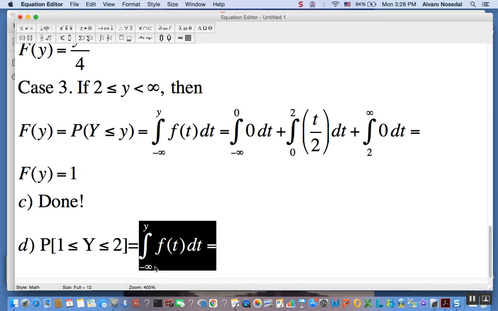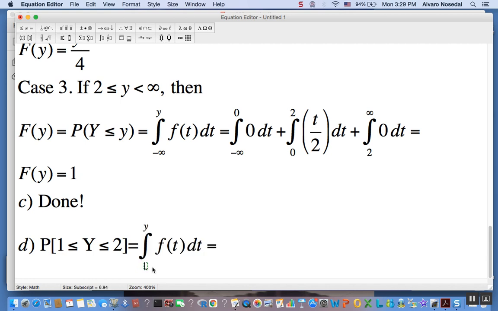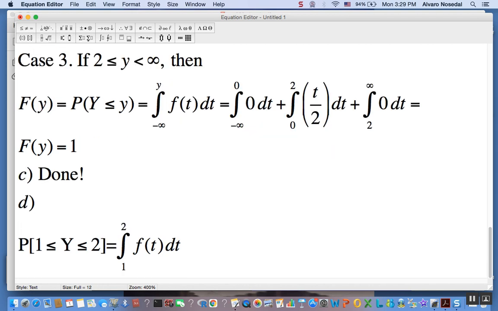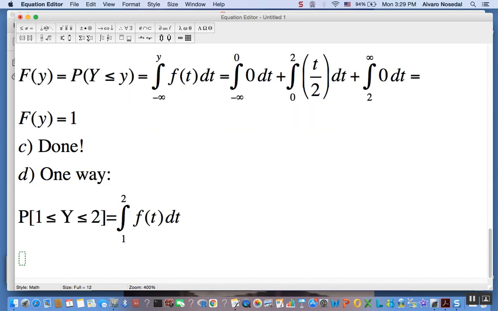So it could be the integral from 1 to 2 of the PDF. That's one way, using your integral. The other one, another way.